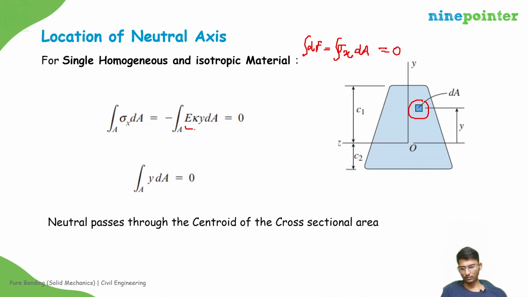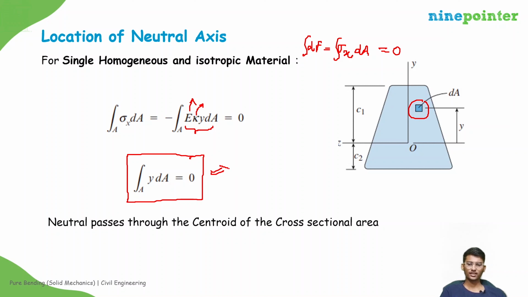So that is minus E kappa into y dA. For a homogeneous and isotropic material with a single value of E over the whole cross section, this E is constant for that type of material. And kappa, the curvature, is constant for pure bending. So the location of the neutral surface will be given by integral y dA is equal to 0. What does this represent?